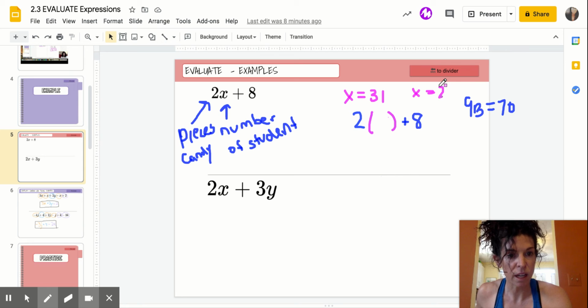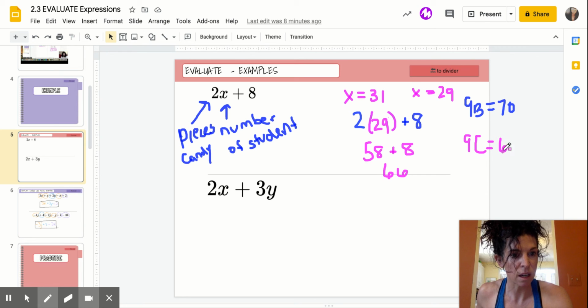We substitute again. Instead of the X, we put a 29. 2 times 29. What's that going to be? 58 plus 8, 66. So for my 9C class, I need 66 pieces of candy.